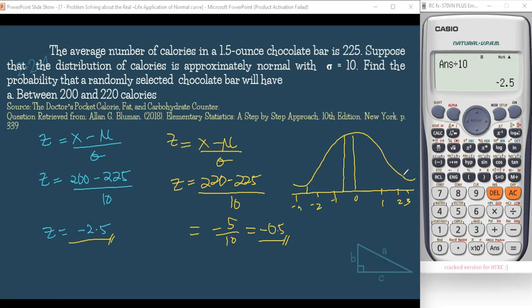Yung goal po natin is to find the area, since sabi po natin sa mga past po nating videos, when we are referring to probabilities, percentiles, region, we're only referring to the area po. So magmula dito hanggang dito, yun po yung hinahanapan natin ng area or the probability.